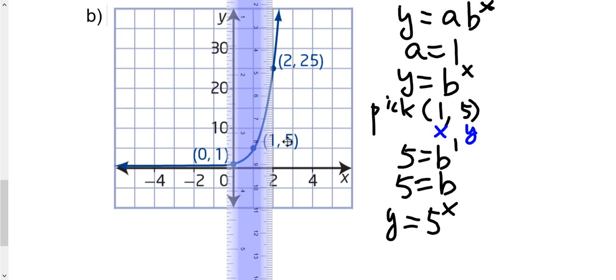And look at the changes in y value. It goes from 5 to 25. So 1, 5, 25. As you can see, I increase the x value in a constant manner, but then the y value goes up by a factor of 5. So what does that tell you? That means the b value is, once again, 5.